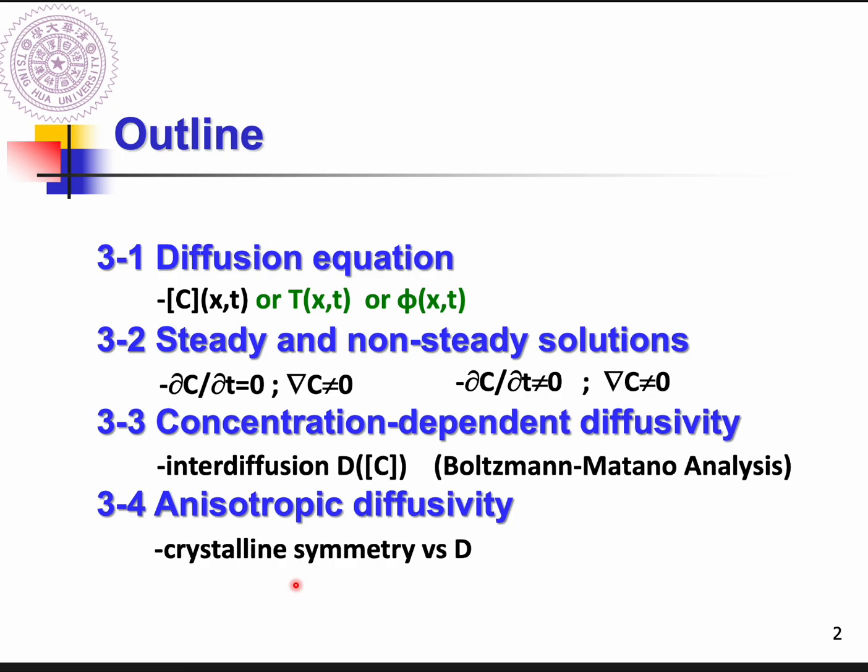But the diffusivity between two layers of graphite is smaller. So graphite is a typical case of anisotropic diffusivity. So let's move to the first part, diffusion equations.